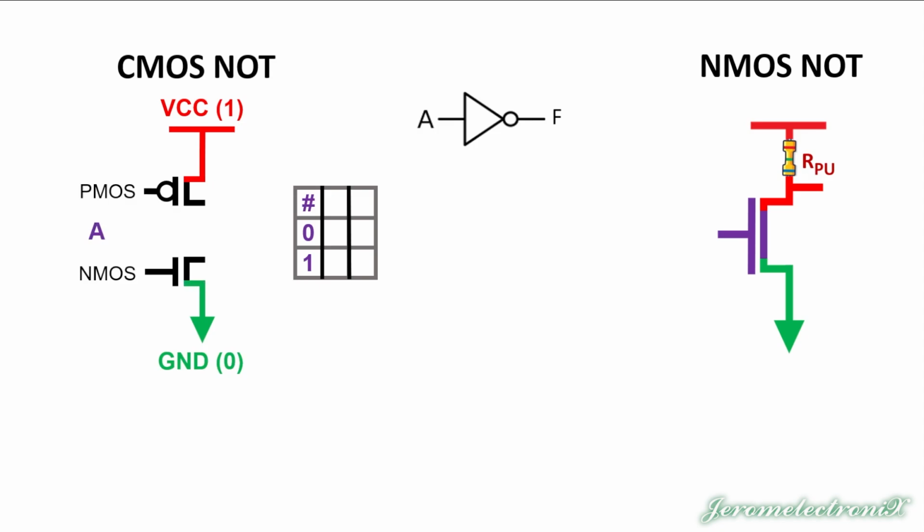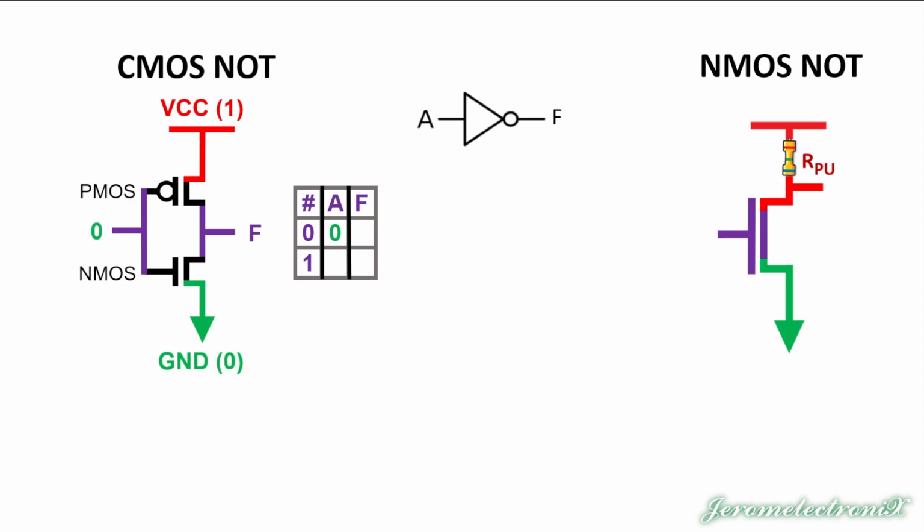And our input will be through A, so that will be input A, and that is connected to both the PMOS and the NMOS. Coming out of this thing, we have F, and it's connected to both as well. So looking at this, that's the output, F. What we're going to do then is put a 0 into this and see what happens.